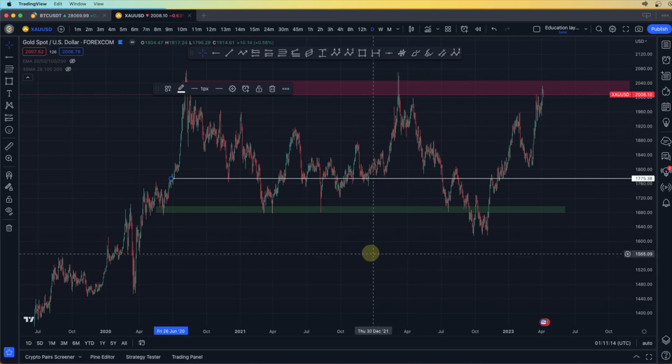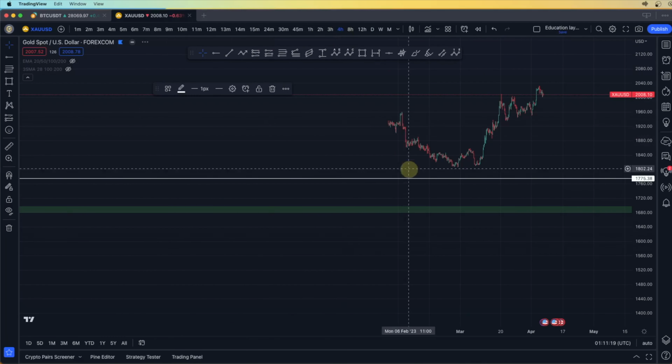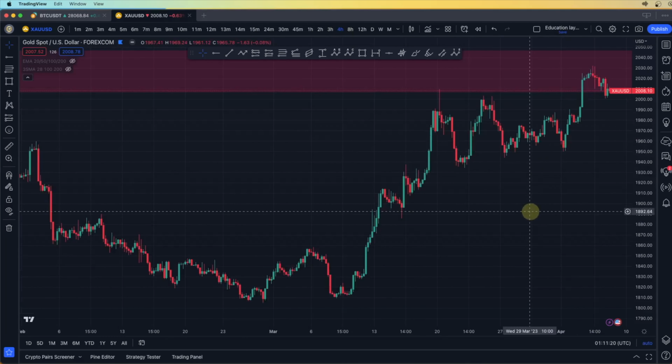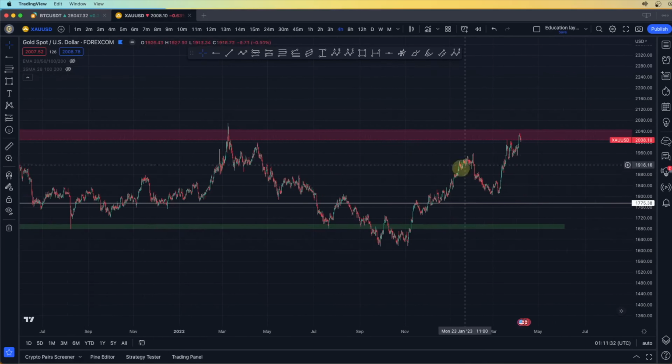Next area for us, going to the lower time frame and identifying the key support and resistance if you find any. As you can see here, the market has two areas of support and resistance and one minor one in the middle for the daily.